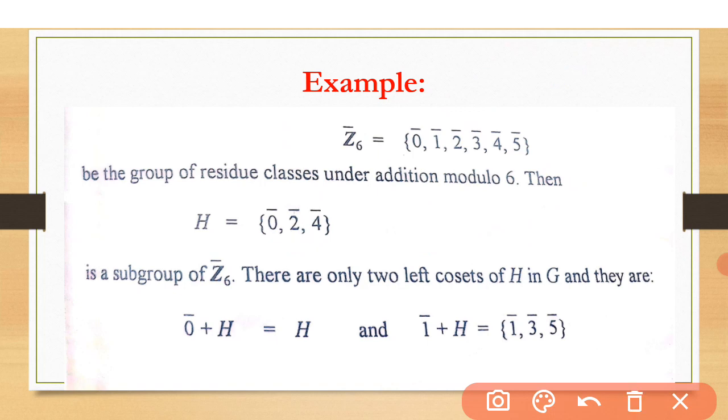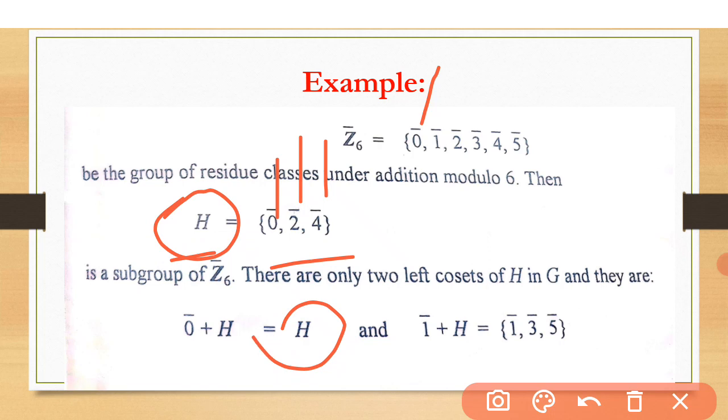When we take one element, for example 0, from Z6 and add it to all the elements of H, 0 plus 0 gives us 0, 0 plus 2 gives us 2, 0 plus 4 gives us 4. It means H itself comes.